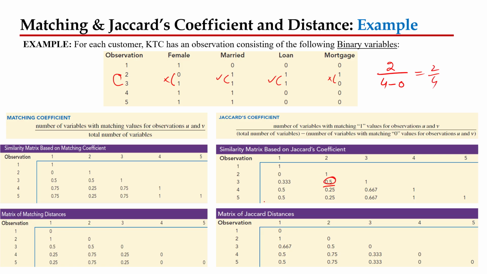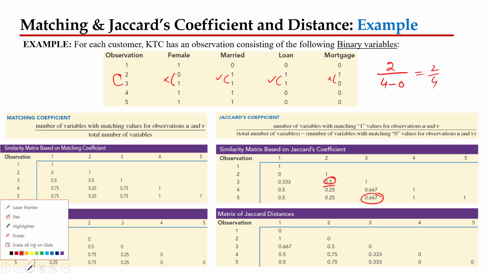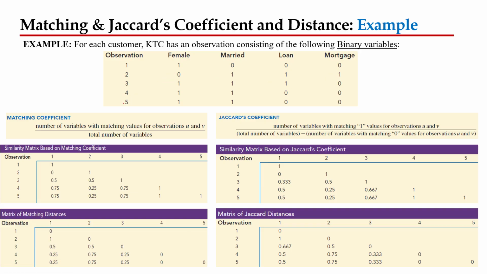So similarly, let me calculate with respect to the fifth and the third observation, which is this 0.67. So how are we getting it? 1 1 common, 1 1 common, 1 0 is not common, 0 and 0 are common.